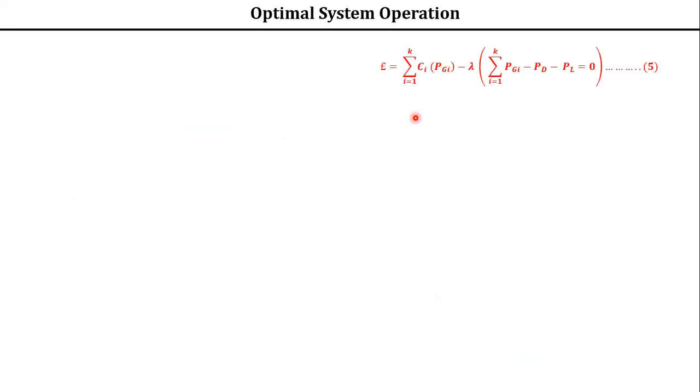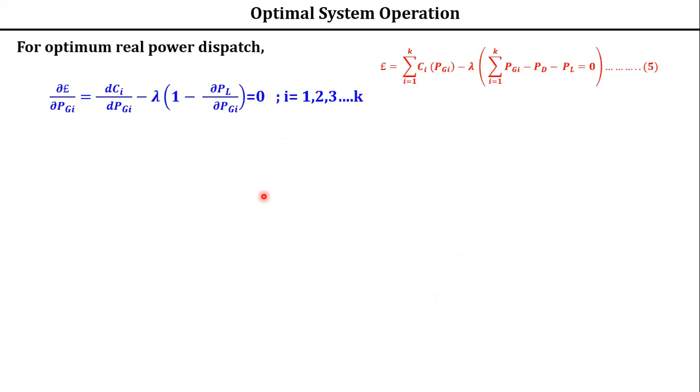Okay. So for your reference, again I represented that equation, equation 5. For optimal real dispatch, dou L by dou PGi is equal to this one. You did it in case 1, already I have explained.